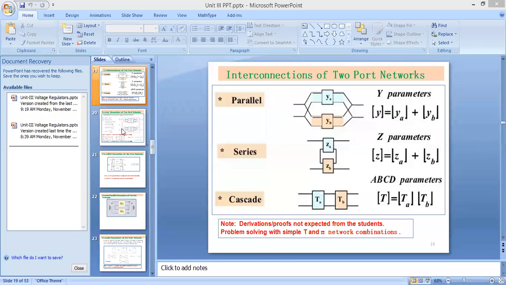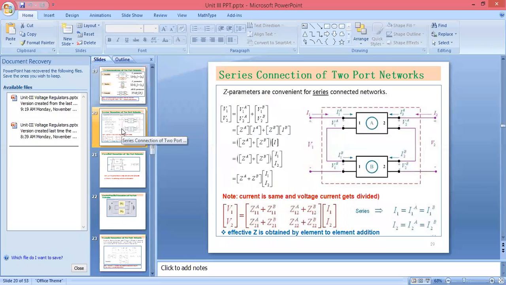Firstly, we will see the series connections. As we know, Z parameters are convenient for making series connections. So here I can take two ports. You can see at port A there are two terminals at input and output. For port A, the incoming current is I1 and I1 dash is the current which goes out.